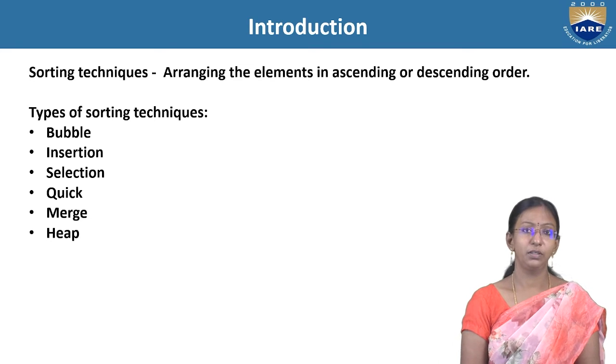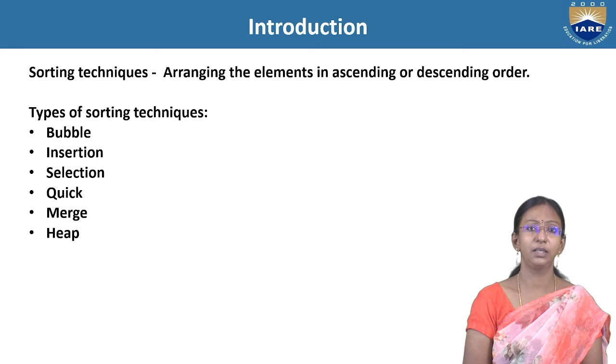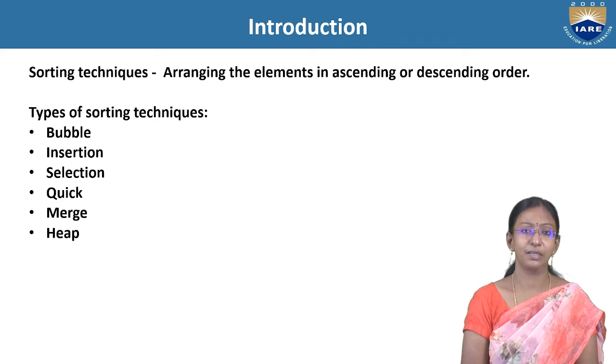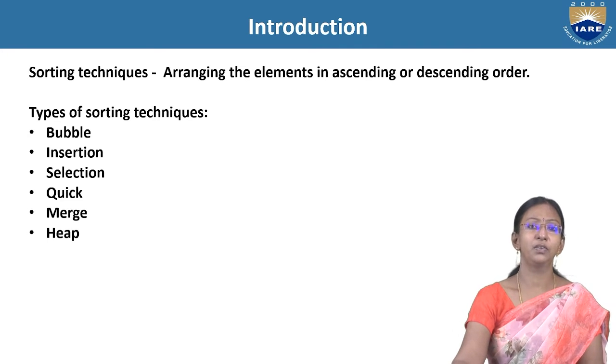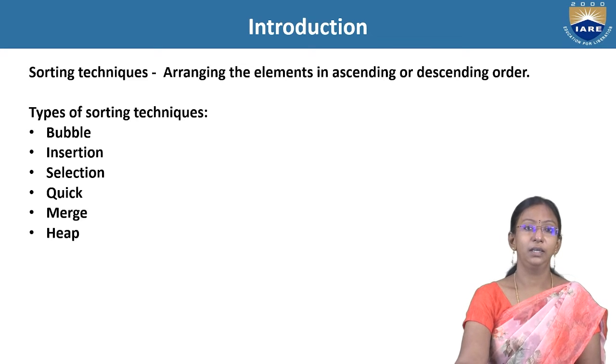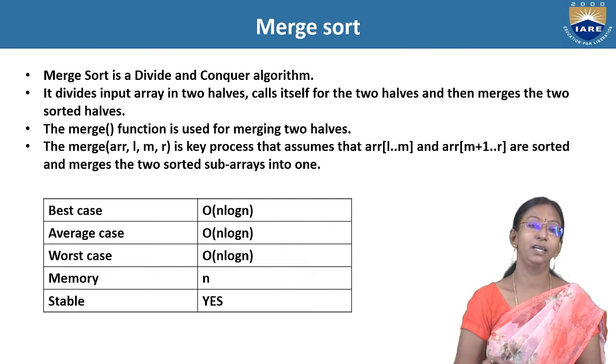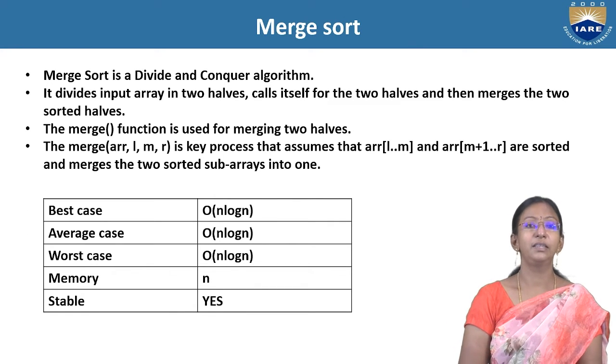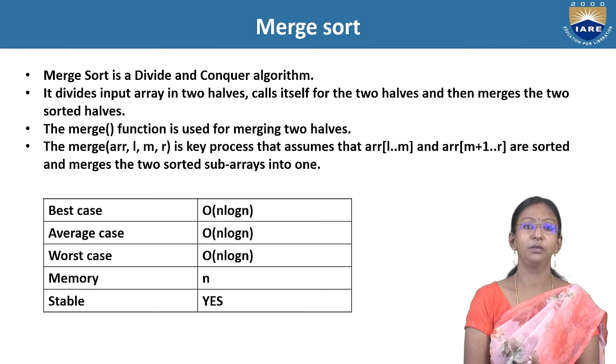Out of all the sorting techniques that we generally learn in data structures, like bubble, insertion, selection, quick and merge, the last two are the sorting techniques, that is, arrangement of data in ascending or descending order, which follow divide and conquer. That is, they divide the data into halves at every step and then merge them, especially in merge sort.